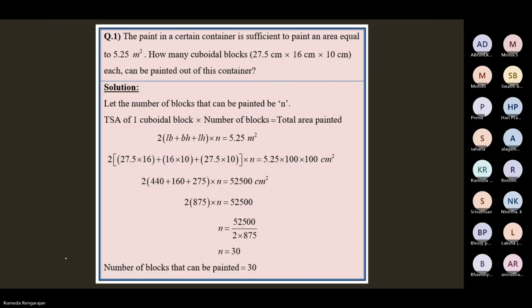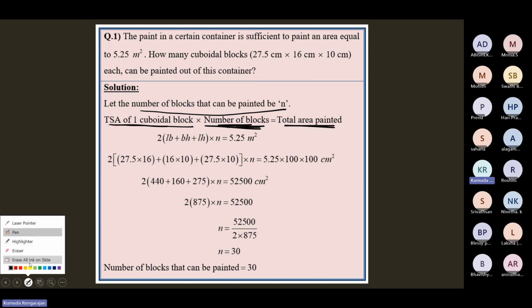So, see here. Let the number of blocks be n. The TSA of one block into the number of blocks is equal to the total area painted. So the number of blocks is equal to total area divided by this.